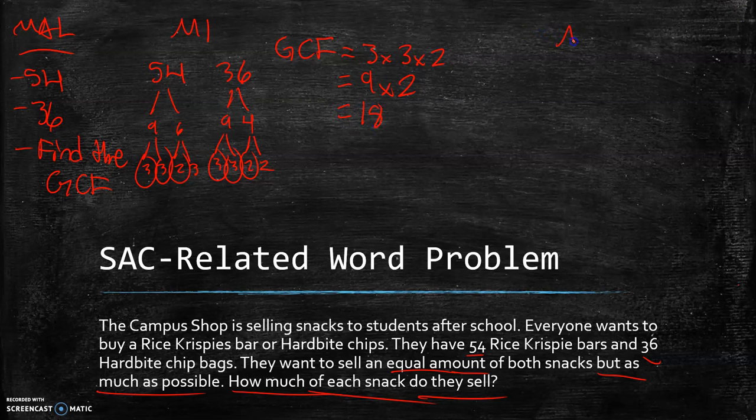Another method you could do is by just simply listing the factors of each number from least to greatest.